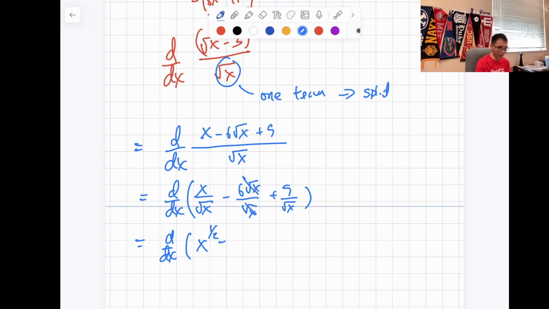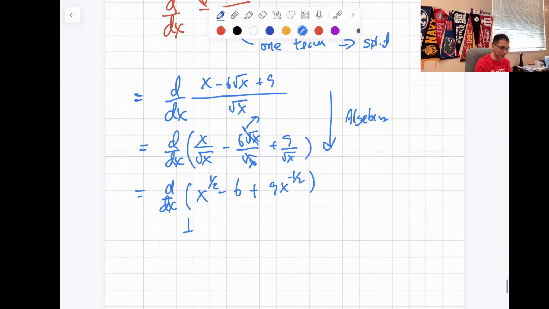This one crosses out and that's going to be 0, right? Oh, no, sorry. This one's going to be minus 6. And this is plus 9x to the negative 1/2. I haven't taken a derivative yet. All I did is the algebra step.